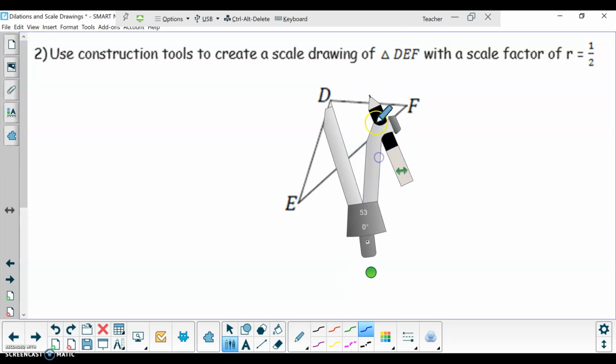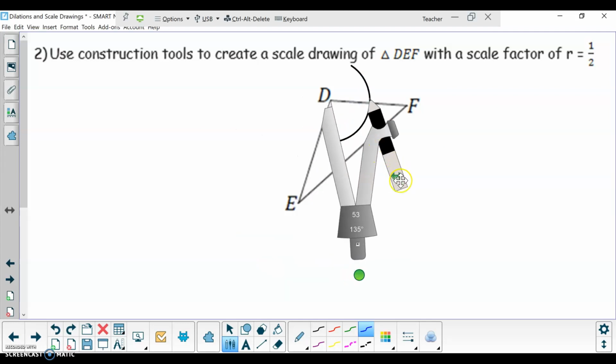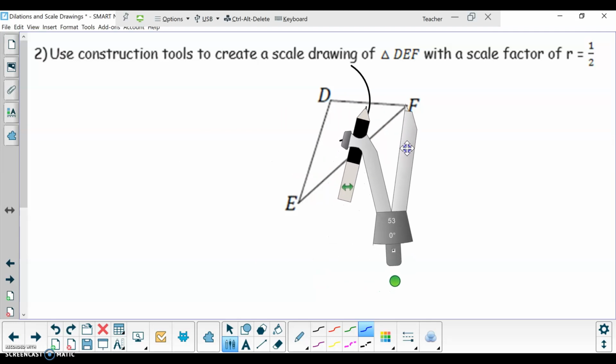I'm going to open up my compass more than halfway, swing that arc above and below, turn it around, and do the same thing on the other side.